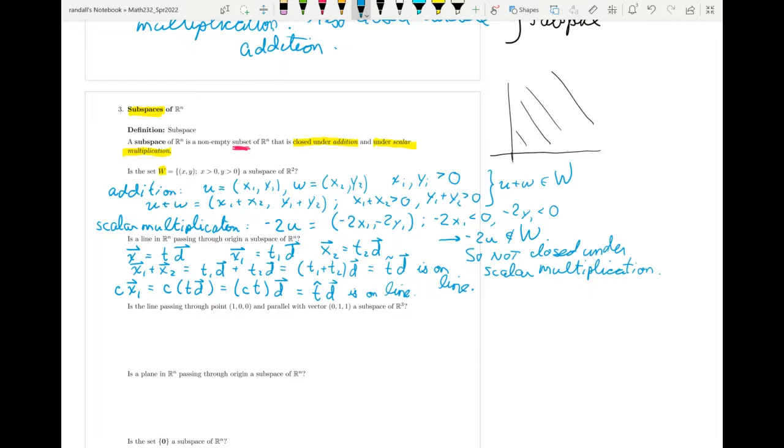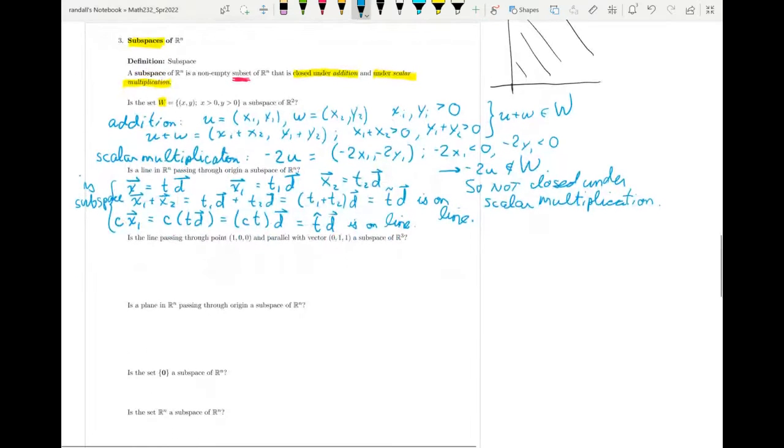So it is a subspace. I've proven that it's closed under vector addition and scalar multiplication.